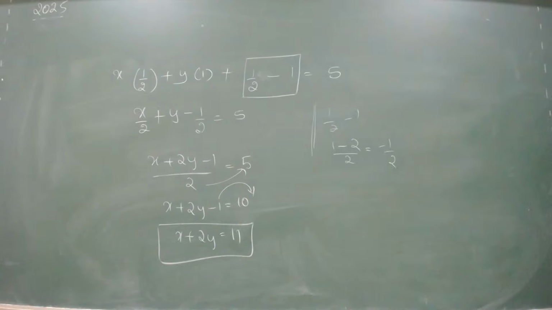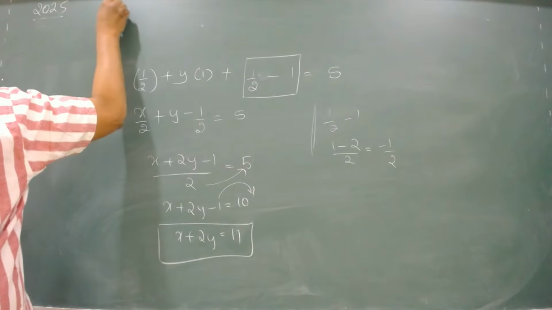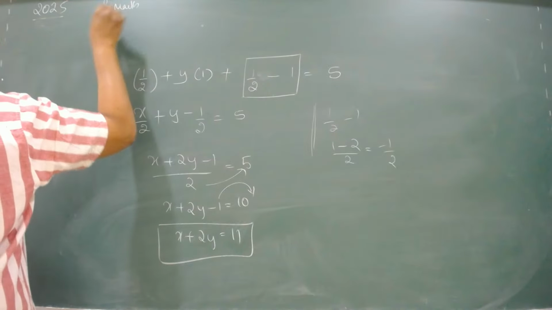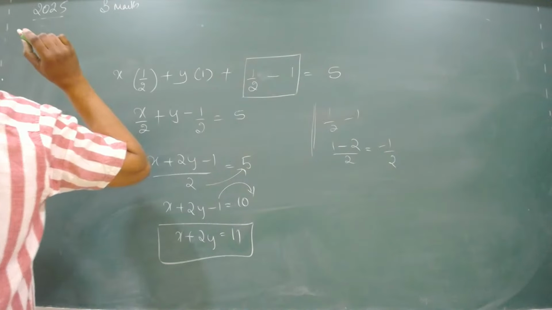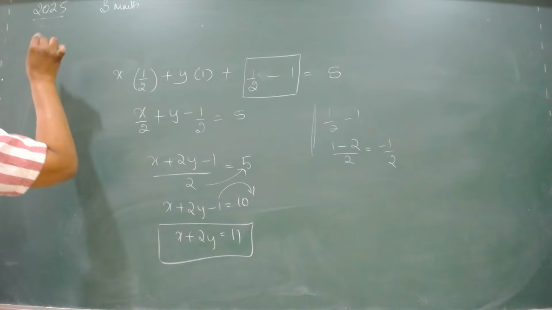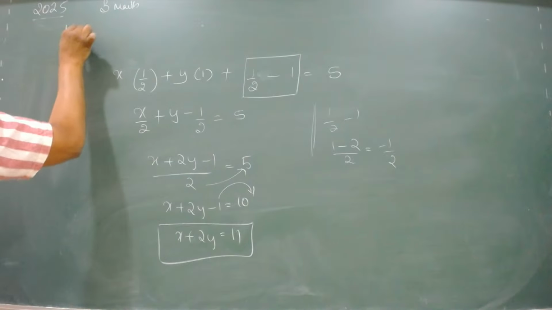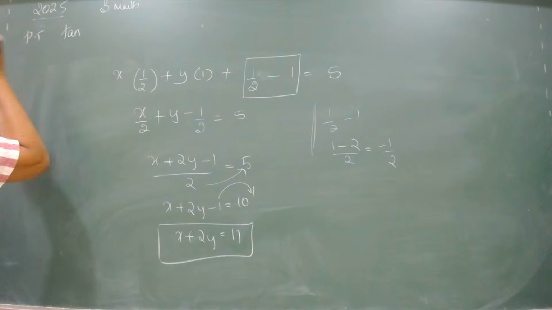Let me move on to the next question. An identity question for 3 marks. Again, a textbook question. Textbook questions are very, very important. Question number 10.